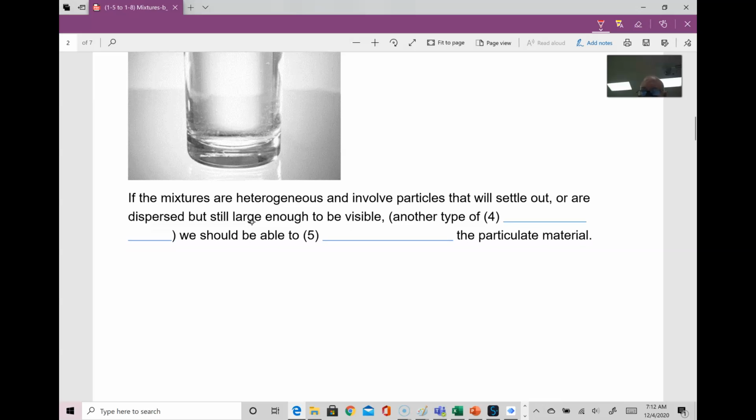If the mixtures are heterogeneous and involve particles that will settle out or are dispersed but still large enough to be visible, this is another type of suspension, and we should be able to filter the particulate material.